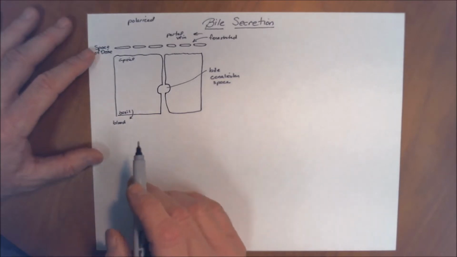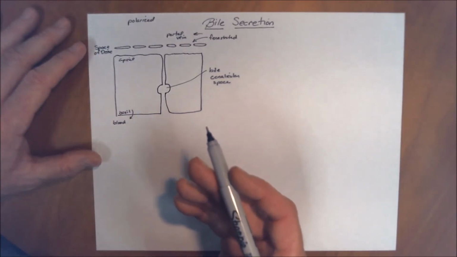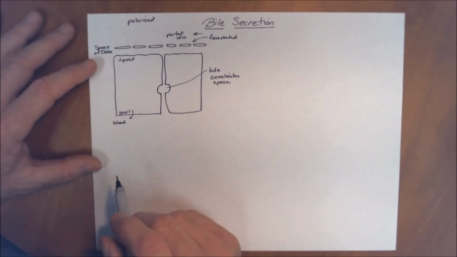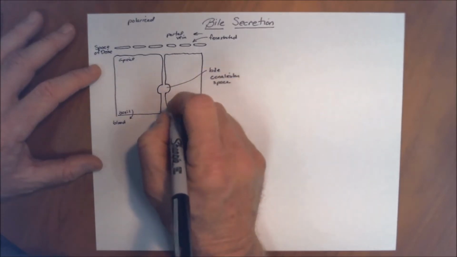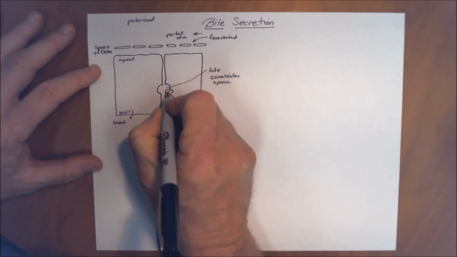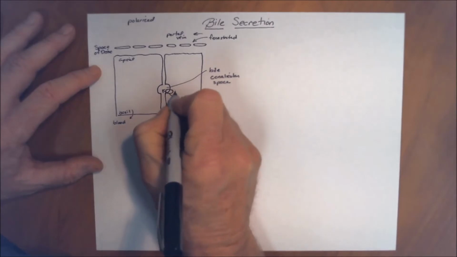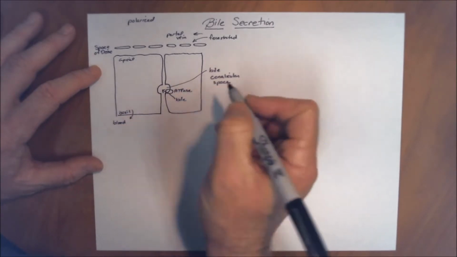Well, because bile is so dangerous, and by dangerous I mean that it's an amphipathic structure, we need to get it out of the liver cell as soon as it's secreted because it could solubilize the liver membranes. And so how we're going to do that is to couple the bile to a transporter, and this transporter is going to be an ATPase transporter.